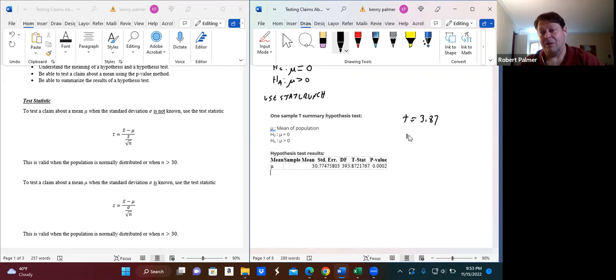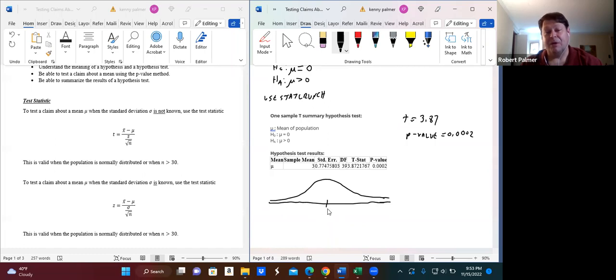Now our p-value is 0.0002. If you imagine drawing a picture of what this looks like, this is what's called a one-tail test. This is greater than. So here's our population mean of 0, and our standard normal distribution at 0. And way over here is where the t is 3.87.